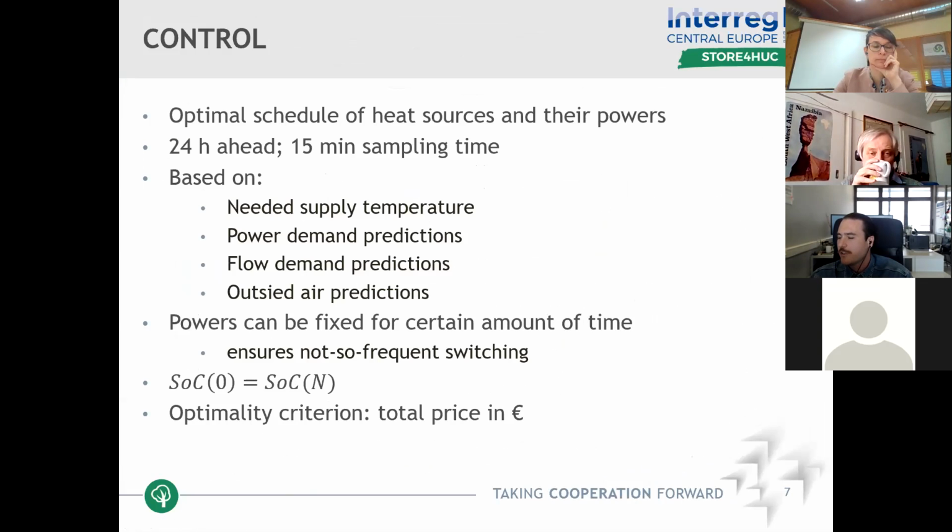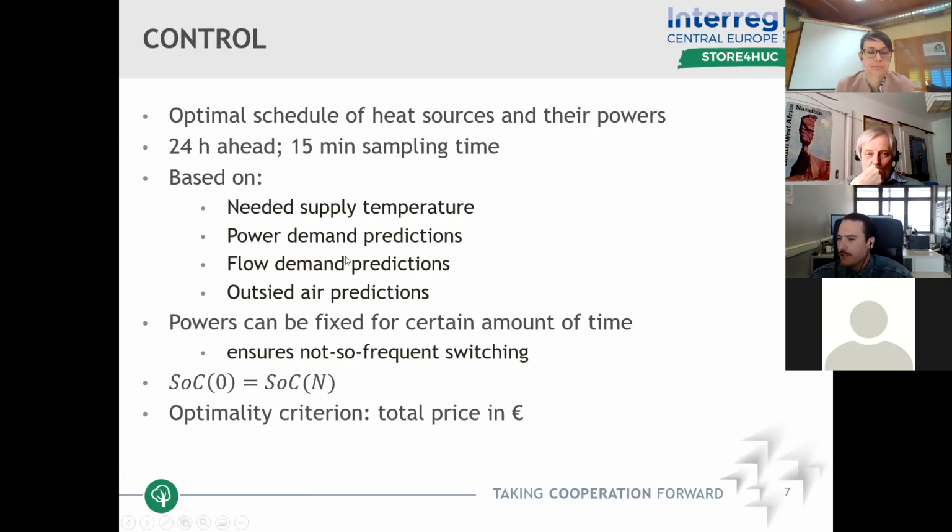In total, we would have 192 values of powers for each of the 15-minute time instances. So the control is based on this supply temperature, which from the graph we'll see usually doesn't change much. So it could be just one single number.